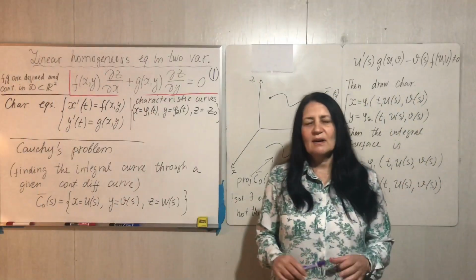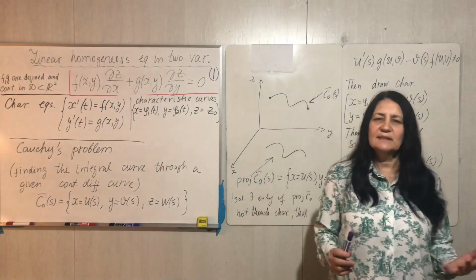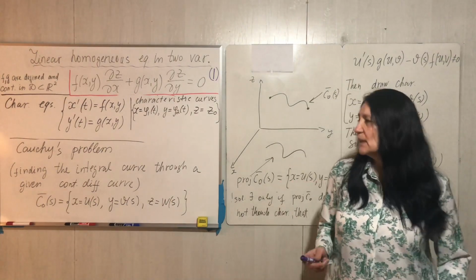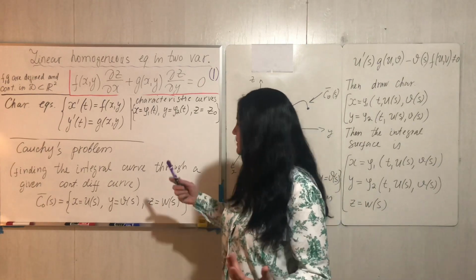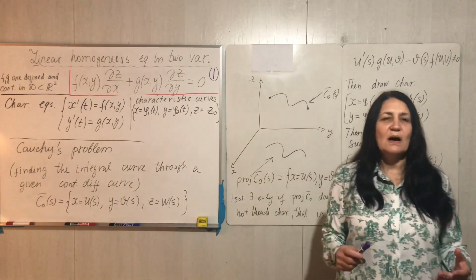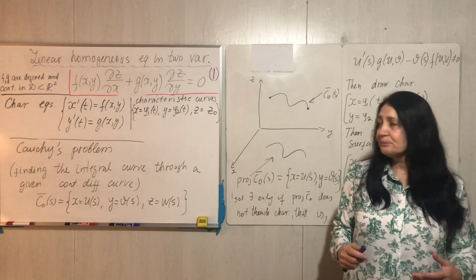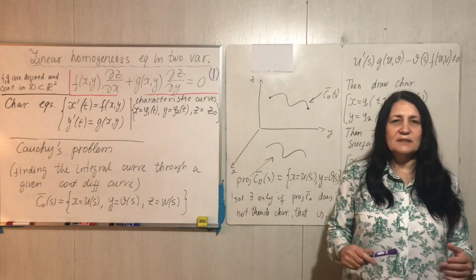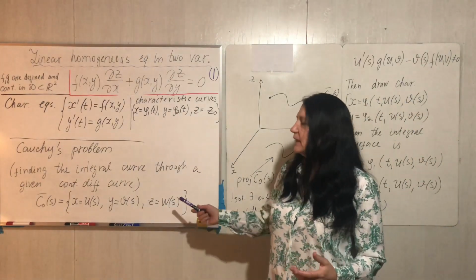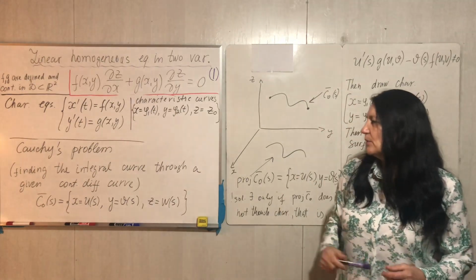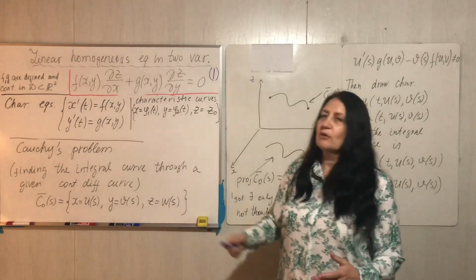So we roughly discussed how to find characteristics and integral surfaces. Now let's get an idea of how we can solve a Cauchy problem. How can we find the unique integral surface that passes through a given curve?